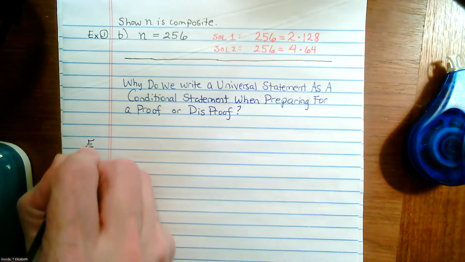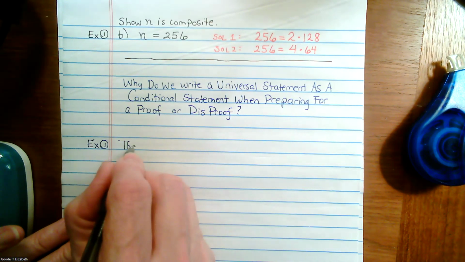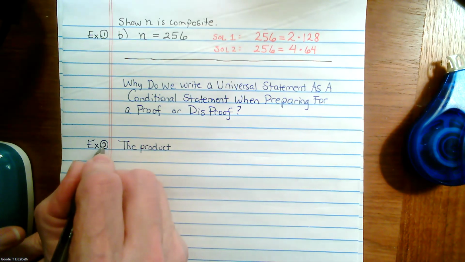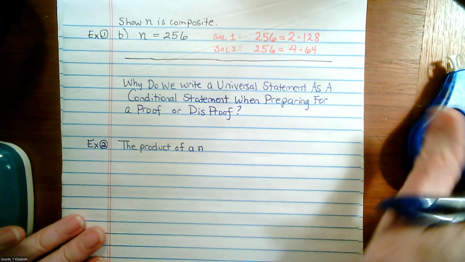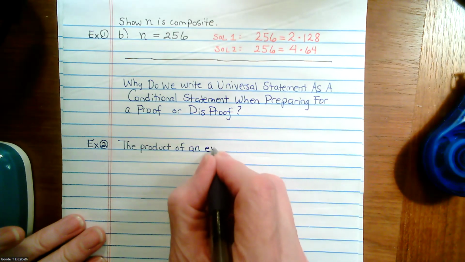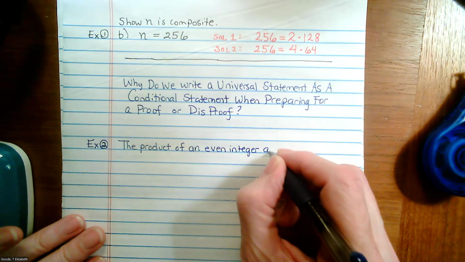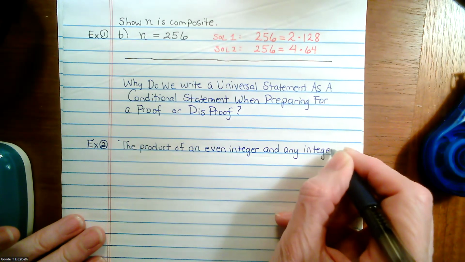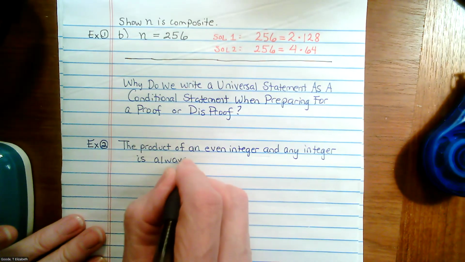Let's look at an example. This is example 2. The product of an even integer and any integer is always even.